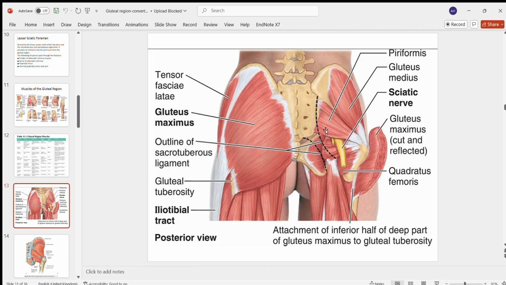And the gluteus minimus is attached below the inferior gluteal line, and it is also attached to the greater trochanter of the femur along with the gluteus medius, and the gluteus maximus is inserted into the gluteal tuberosity and partly into the iliotibial tract here. So these are the three gluteus.